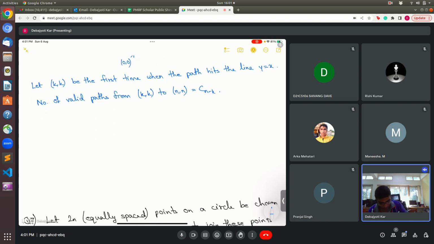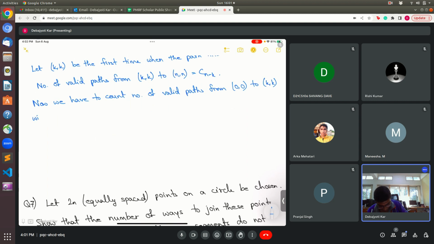Now we have to count the valid paths where you are not even allowed to touch the line y equal to x.